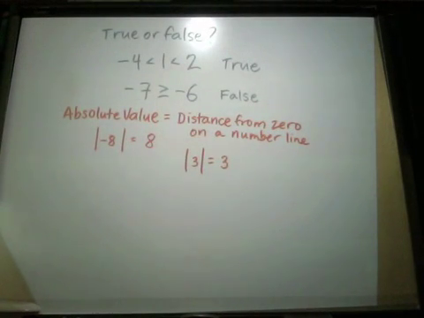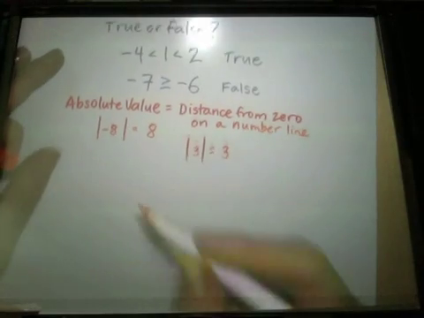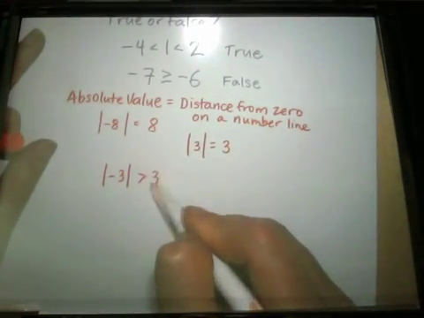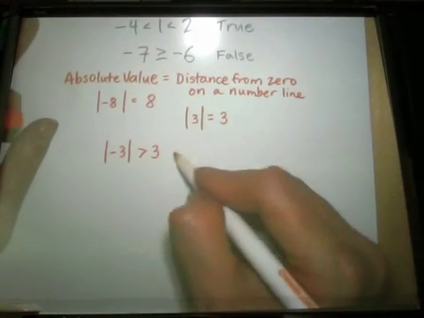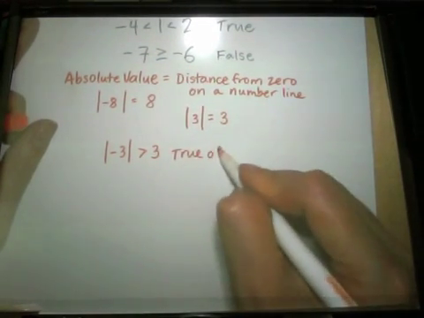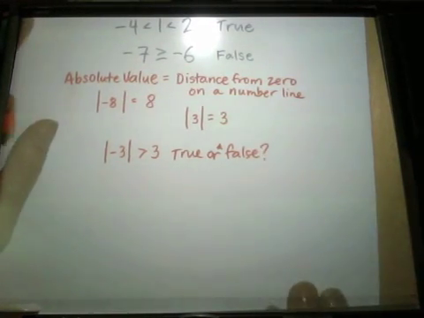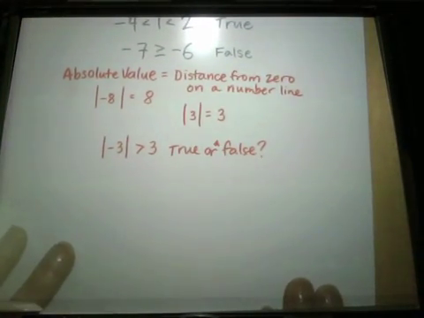So you're going to see some true or false statements where they're using absolute value. For example, the absolute value of -3 is greater than 3.